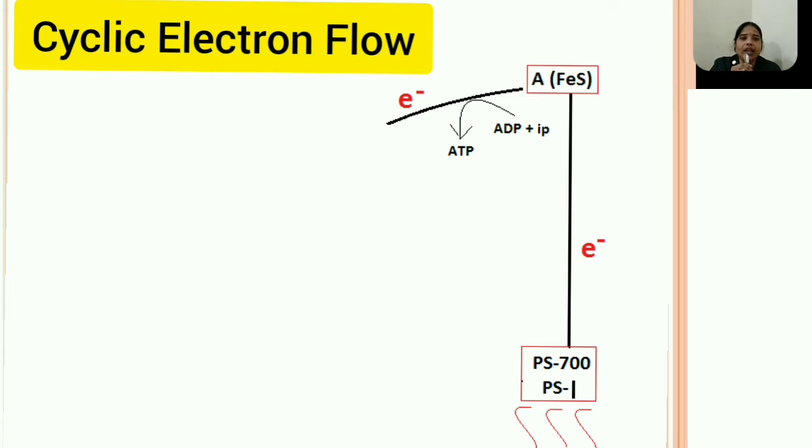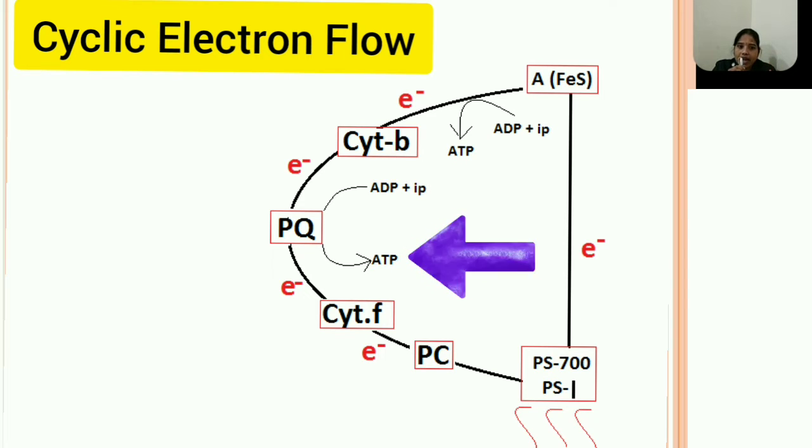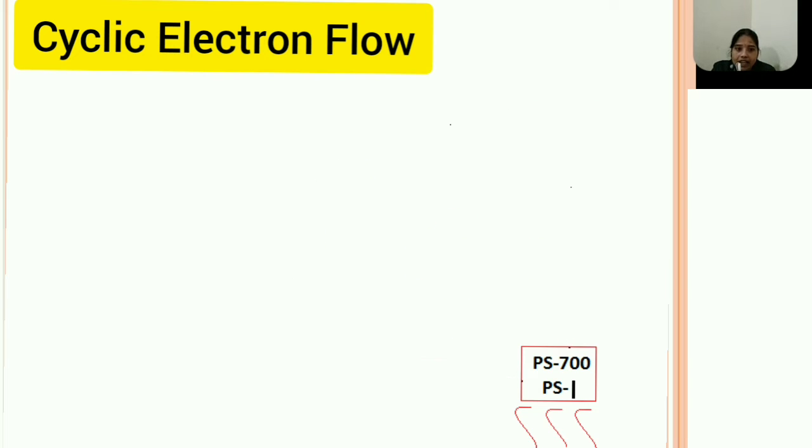An important point here is that during electron transfer between cytochrome b6 and cytochrome f, energy is released in the form of ATP.